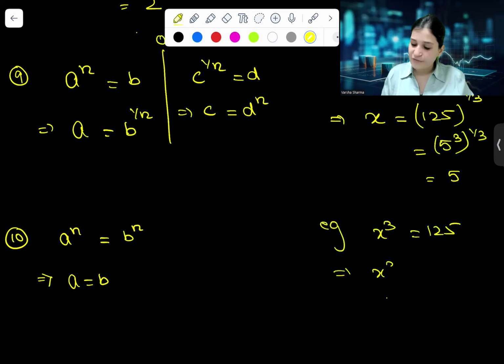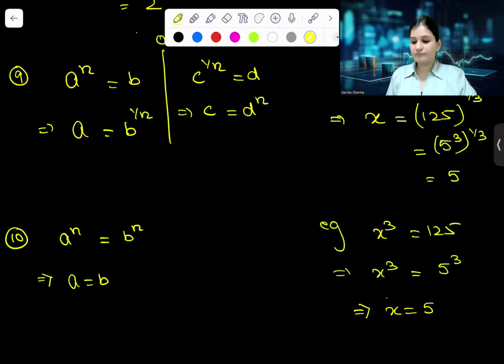I can write 125 as 5 cube. So the powers are same, so I can conclude x is equal to 5. Everybody clear?